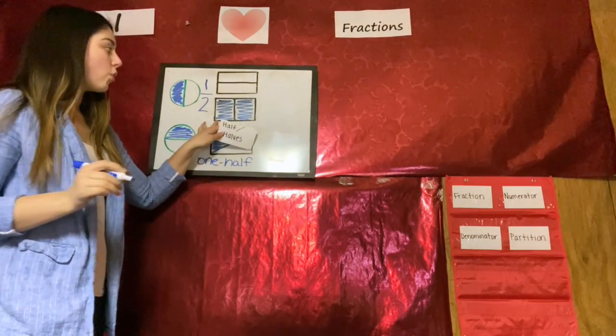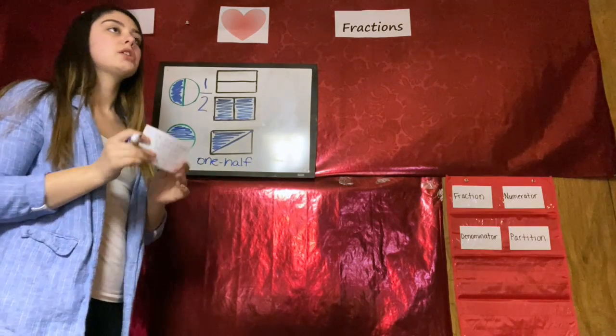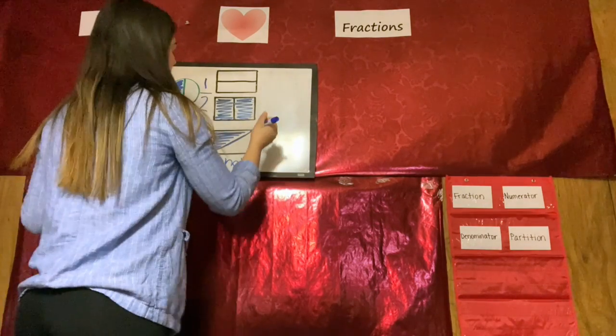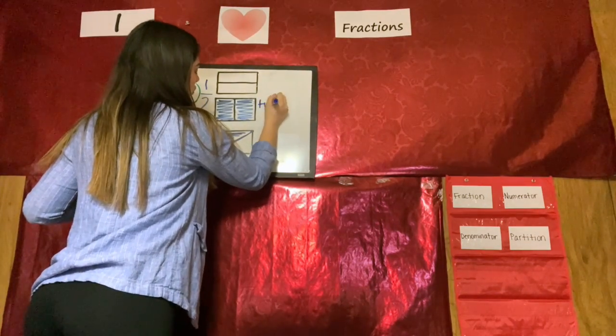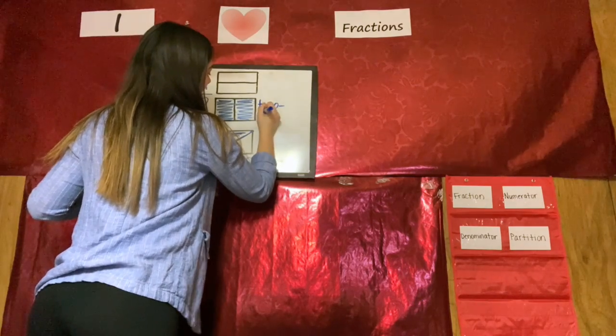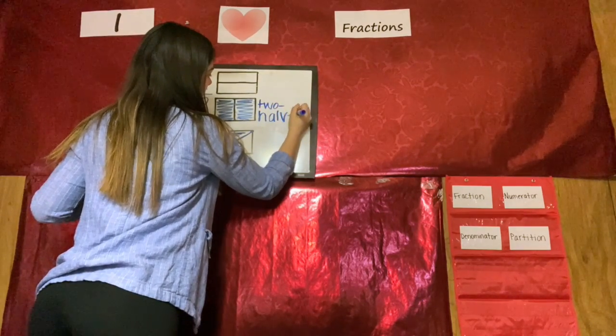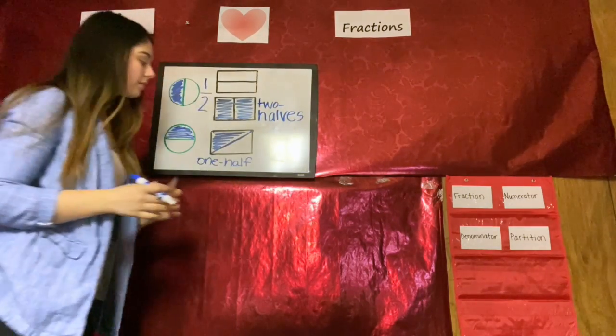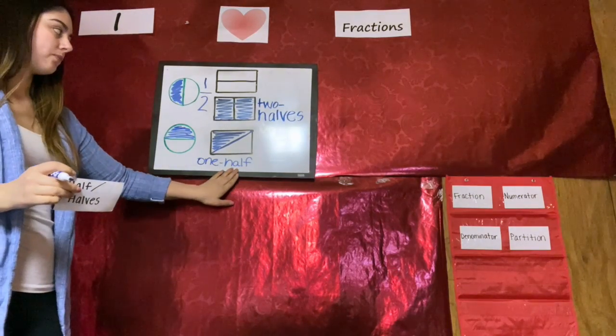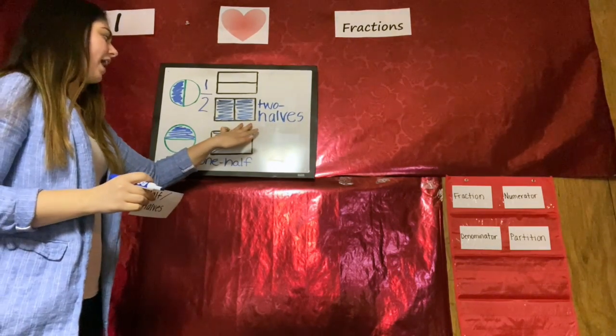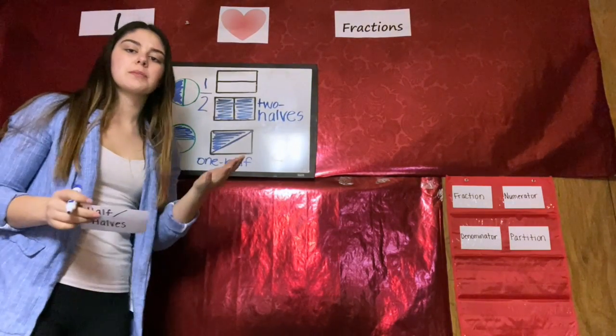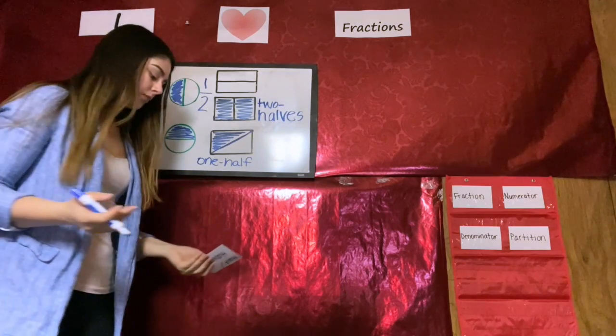But here we have 2 halves shaded. So we would write this as 2 halves instead of 1/2. Now, we have 2 halves, but the whole shape is shaded.